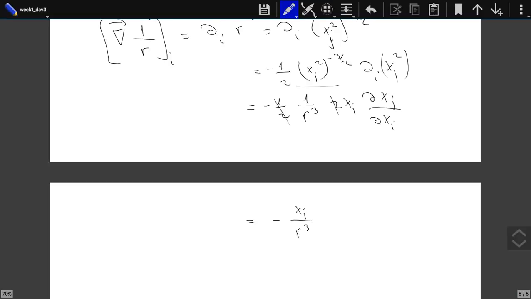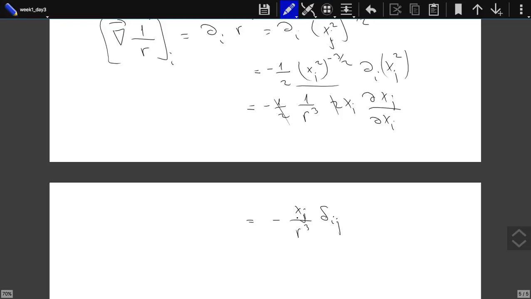Now, that derivative, if i is equal to j, it is 1. If i is different than j, it is 0. So the derivative of x with respect to x is 1, but the derivative of y with respect to x is 0, and the derivative of z with respect to x is 0. The function that has this property is nothing but the Kronecker delta. This is Kronecker delta ij, and remember I have a summation over j.